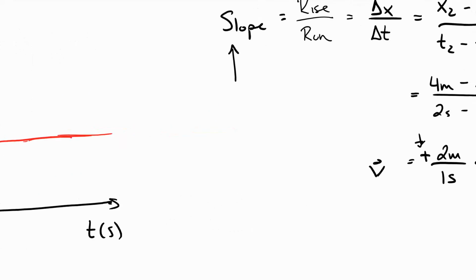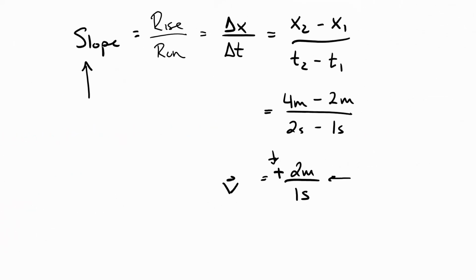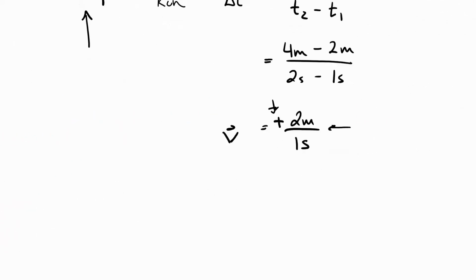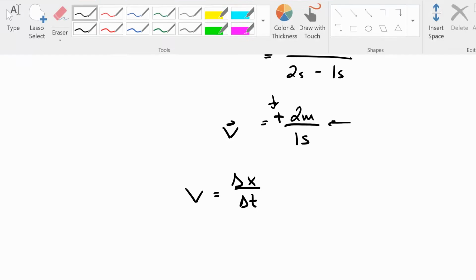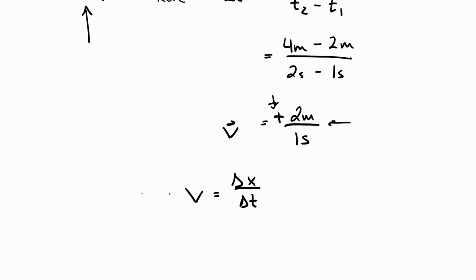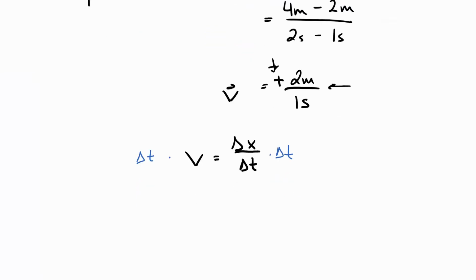Now, because of this, we can have one other thing that's kind of interesting. I can go back and now look at this and say v equals delta x over delta t. If I multiply both sides of this by delta t, I can see that, well, let's see, delta t over delta t is 1. v times delta t is, well, v times delta t.